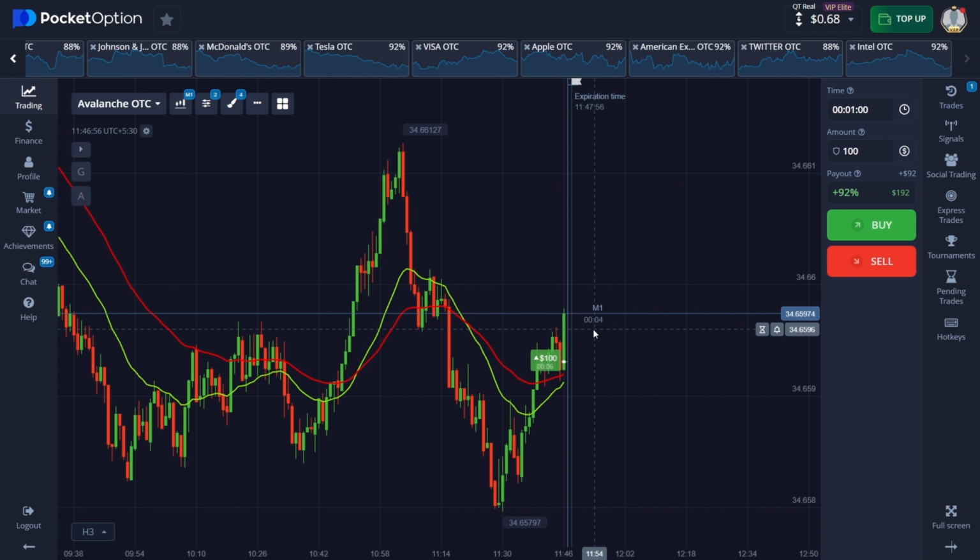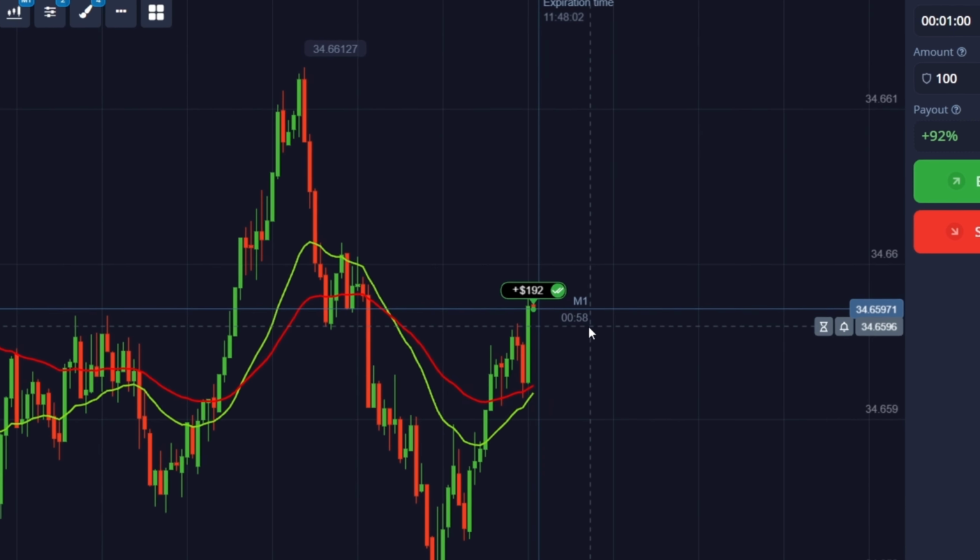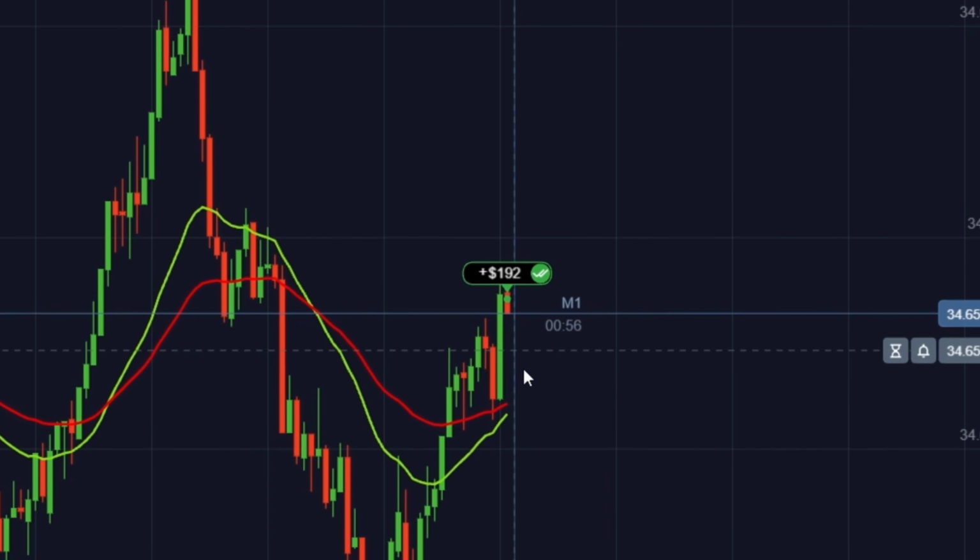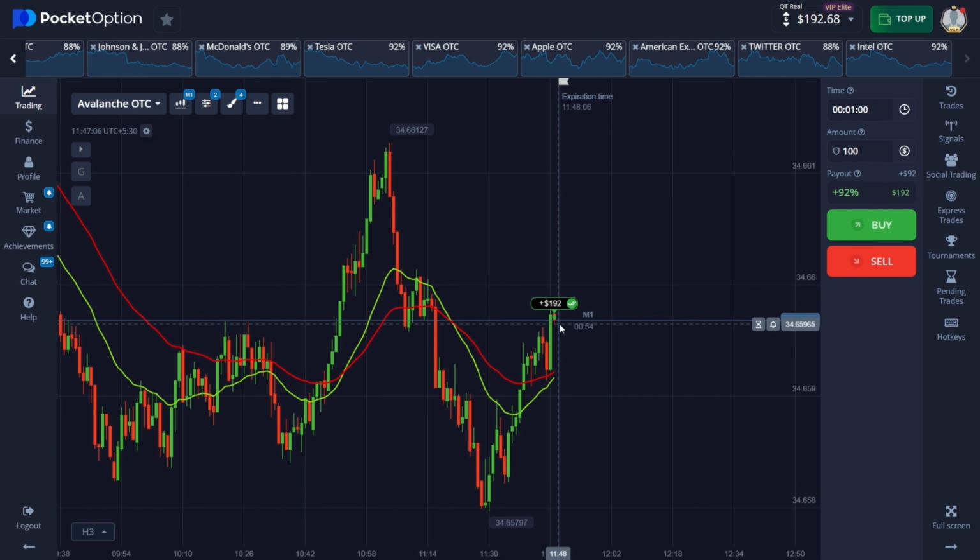As you can see, our trade is going well with only 5 seconds left. And we won our first trade of the compounding session. Now my balance has turned into $192, so let's find a trade for $192.